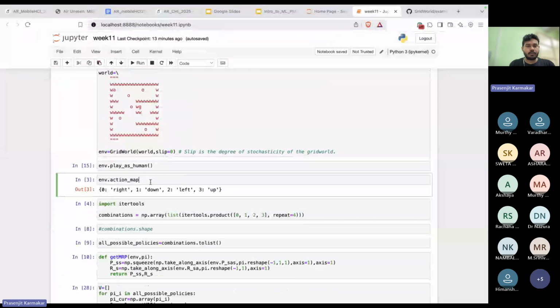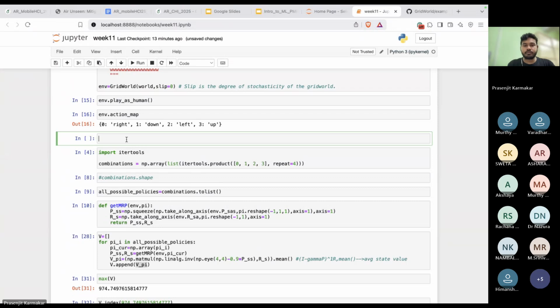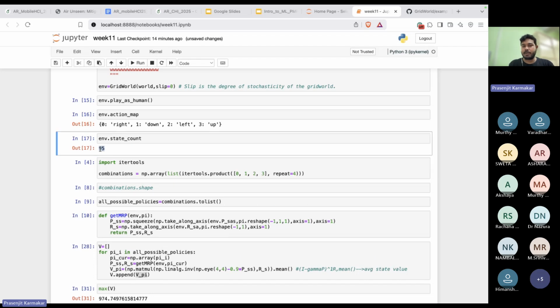My actions are these, and how many states do we have? env.state_count: 95 states, for which we have to understand which action I should take.